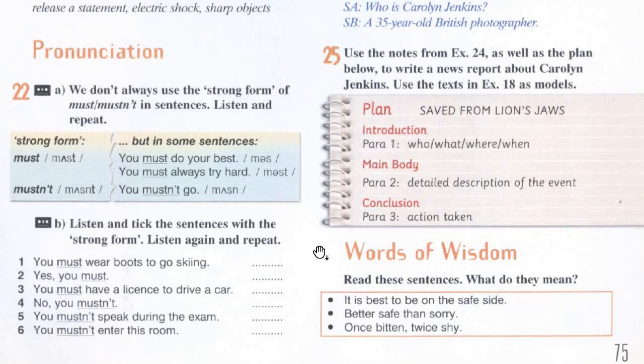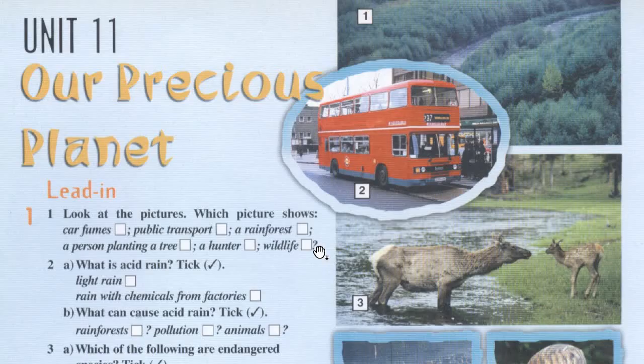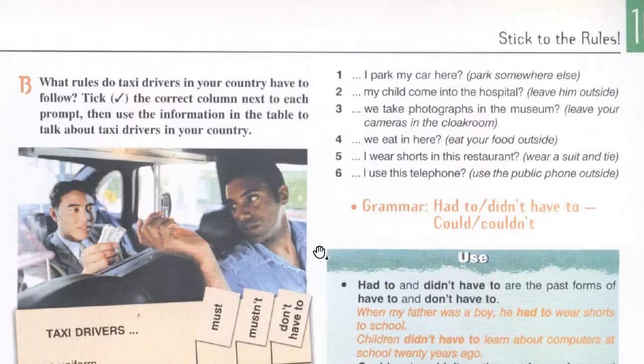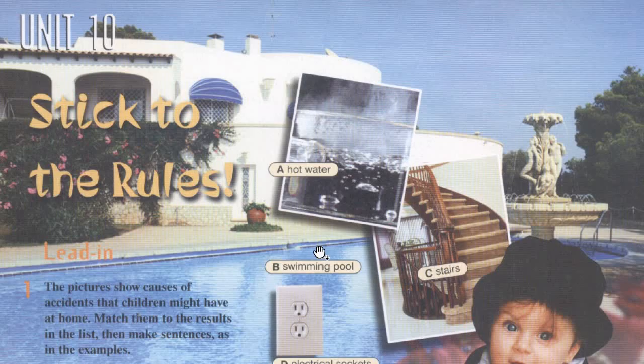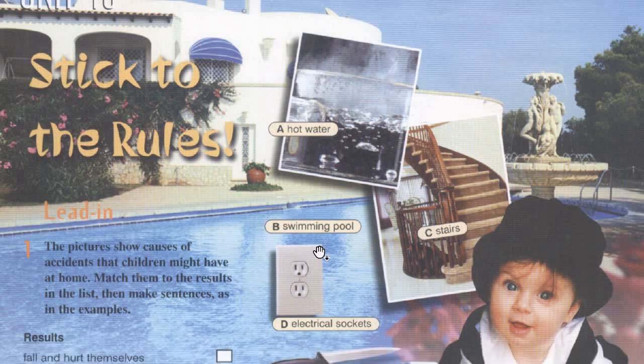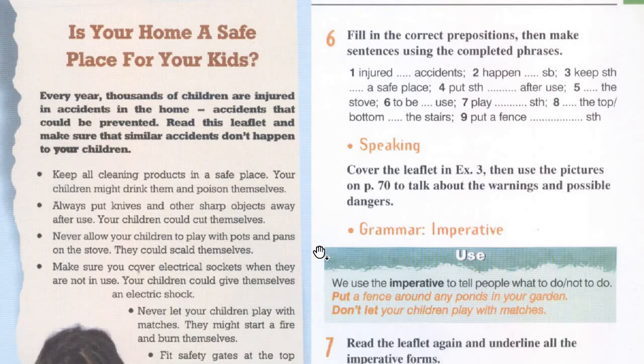Okay, we'd better stop our video right now. I think that was the last page of unit 10. In this unit, we focused on the title, stuck to the rules, and learned expressions. You needed to practice or do classwork about prepositions and combinations of words.